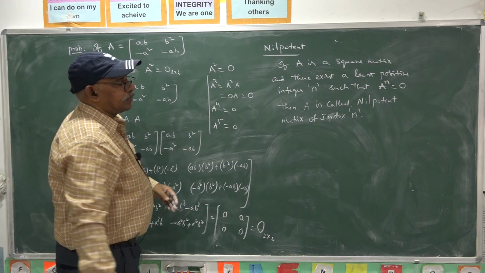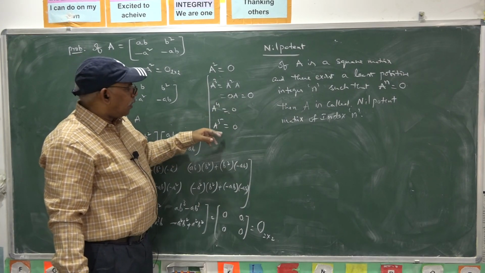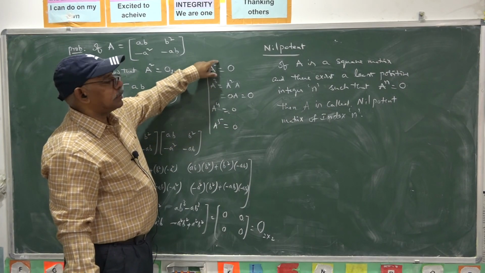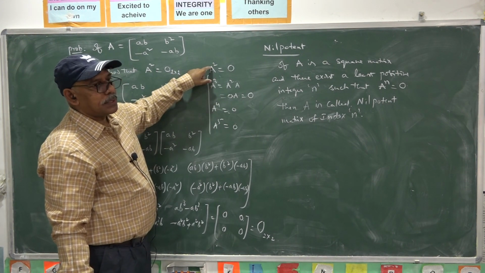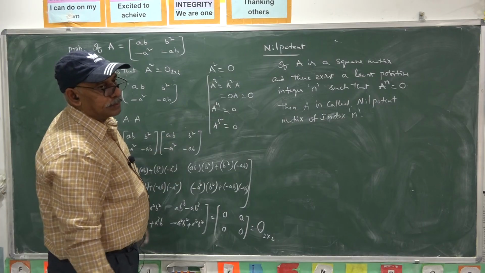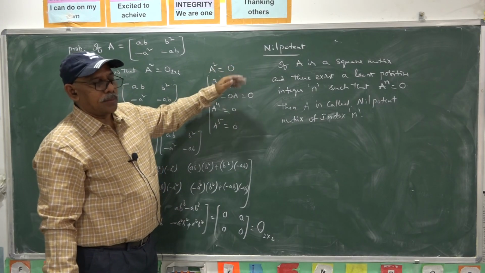So all the integral powers of A become null matrix. Out of these powers, you have to consider the least positive integral power of A such that A of that power equals null matrix.